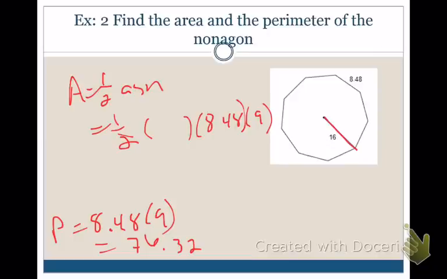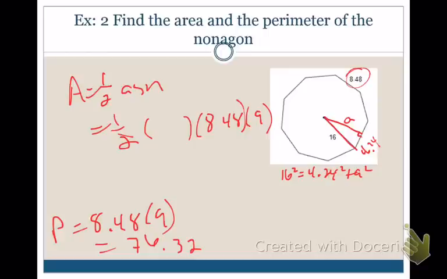Now, this apothem, how are we going to find it? Well, if we draw in the apothem, we need to find that. And we know the apothem bisects this side. So if this whole side is 8.48, which it is because it is up here, then this is going to be 4.24. And so we're going to have to do Pythagorean theorem where 16 is the hypotenuse, 4.24 is a leg, and A is a leg.